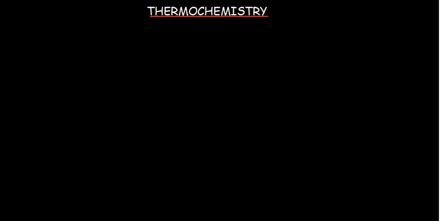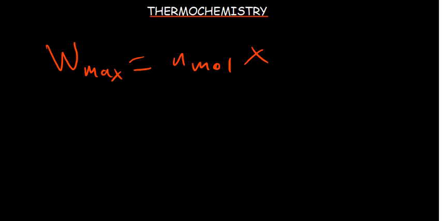Did you do the same work done using Faraday's constant and the like? You find the work done using the number of moles. We said the maximum work done is what? Remember, the number of moles multiplied by Gibbs.